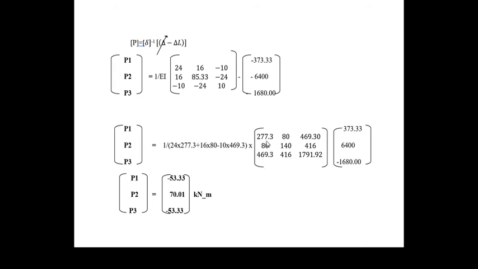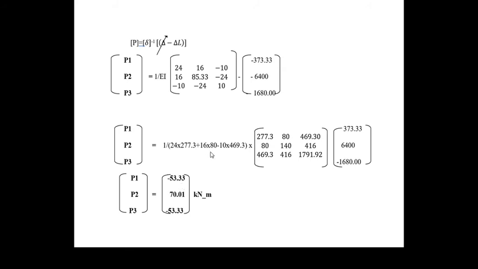Okay, we multiply this 277.3 into this value, that is 373.33, 80 into 6400, 469.30 into minus 1680, plus the summation of this value, divided by the summation of this value, gives minus 53.33.